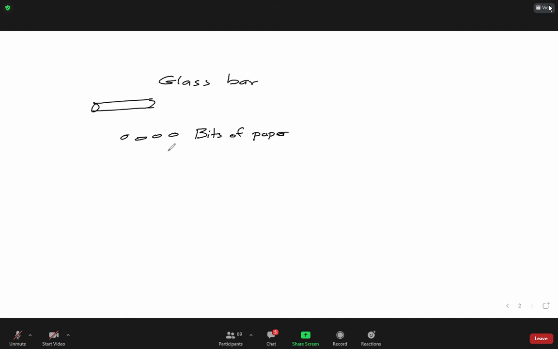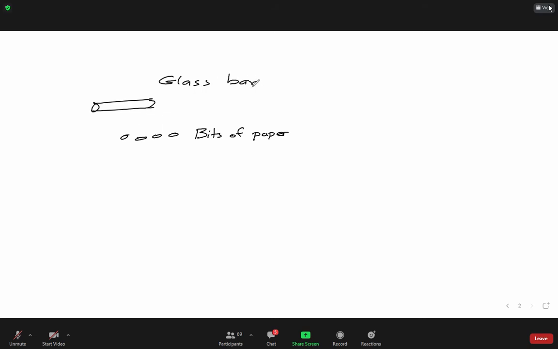Obviously, if I just approach a glass bar to some bits of paper, nothing much will happen. There's going to be a small gravitational force, but if you remember from semester one, the gravitational force is so small that it can't really be detected, or at least not very easily, right?